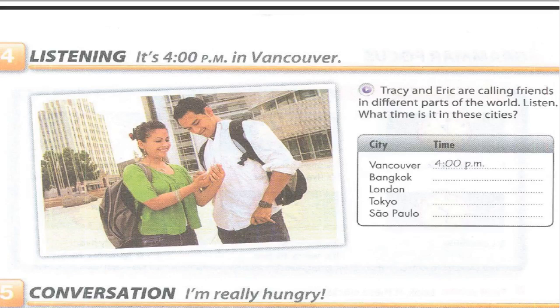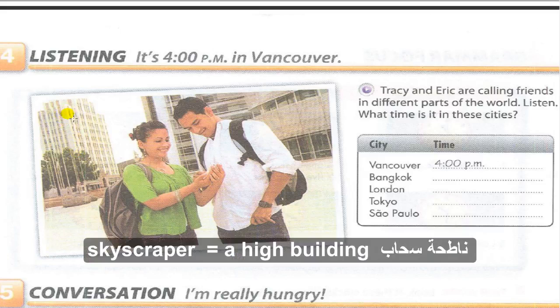Exercise number 4, listening. It's 4 p.m. in Vancouver. Look at the picture. What do you see? Young man, young lady. This is a mobile. They are calling someone. Where are they? They're in the street. This is a skyscraper, a very high building.